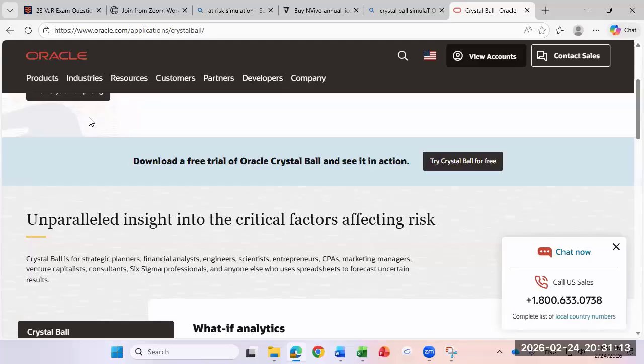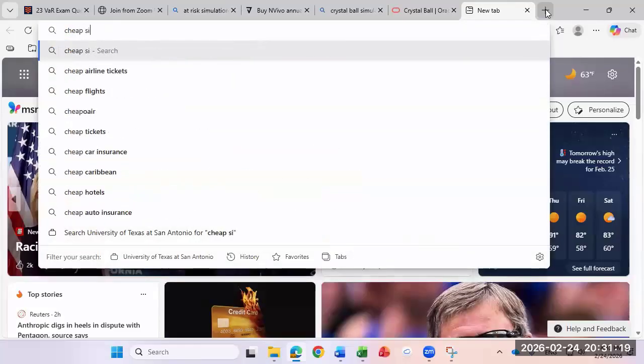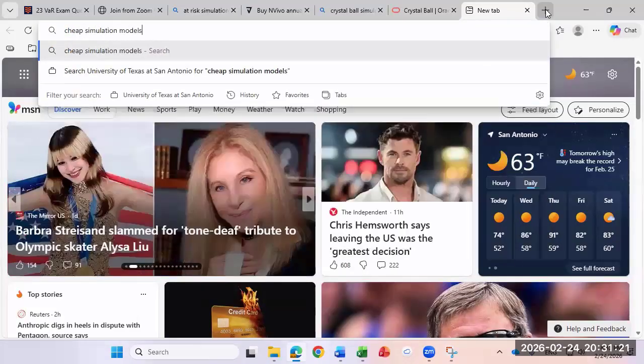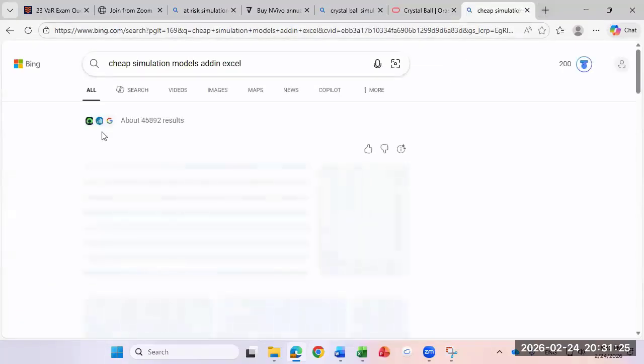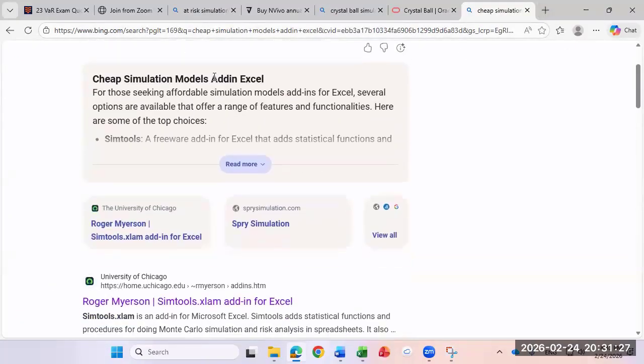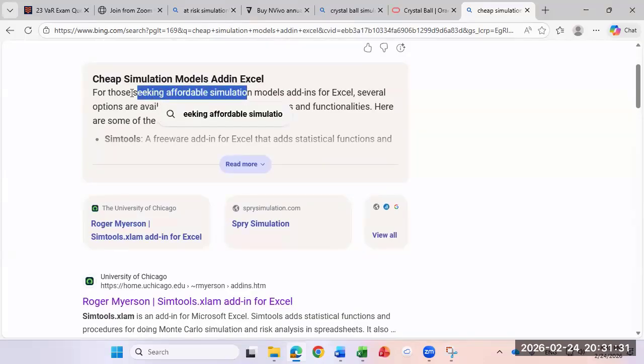So I wish UTSA would offer you something like this. I don't know if there are some cheap simulation models, add-ins for Excel. There's probably someone out there selling something like that. Seek an affordable simulation. They should just say for college students, add-ins for Excel, several options are available.